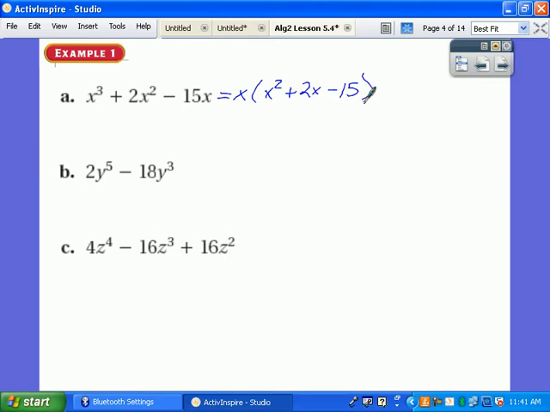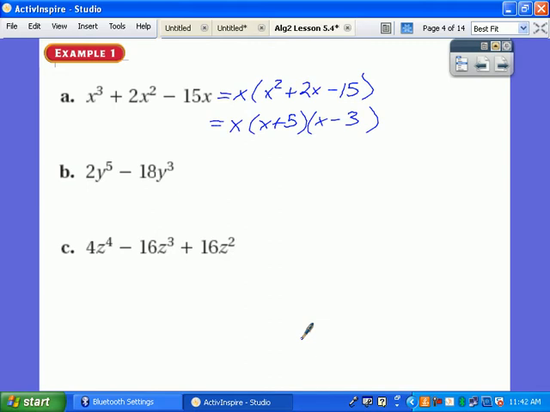All I've done is common term factored, pulled out an x. At this point, we look to see, does the trinomial factor more? Can it factor farther? The answer is yes. So we factor farther: x plus 5, x minus 3. And now that is factored completely.